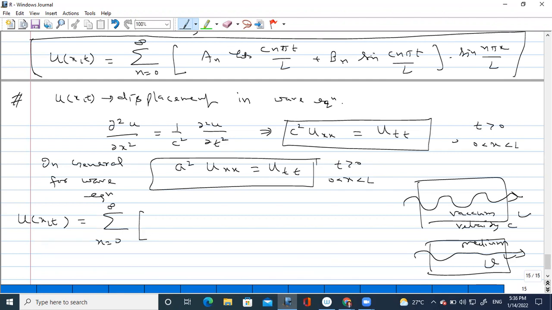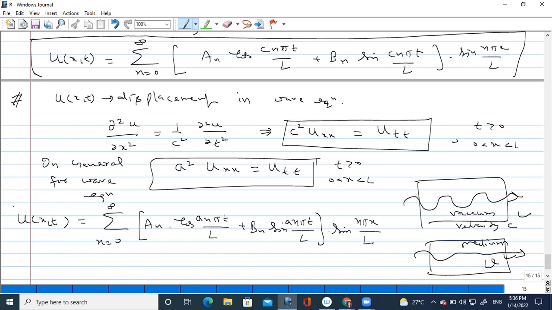This is the same answer, in place of c I will write a: [a_n cos(a n pi t / L) plus b_n sin(a n pi t / L)] into sin(n pi x / L).